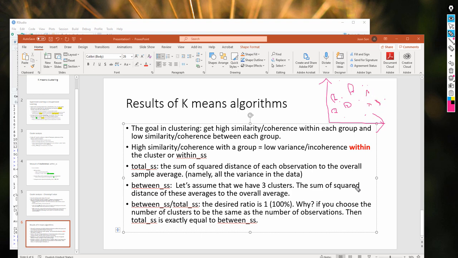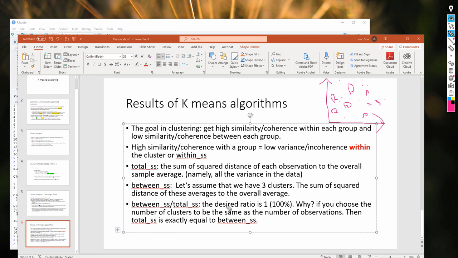So we have a lot of clusters, and the number of clusters is the same as the number of observations. In this case, obviously, the between SS is going to be the same as the total SS, so the ratio is going to be 1, which is 100%.